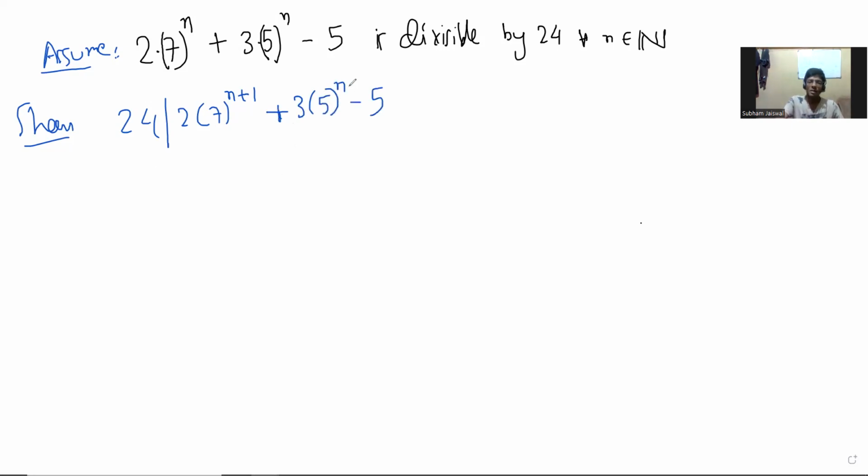Anyways, n+1. Now we just need to know how to jump from n to n+1, right? Somehow, like last time we did something, but here what should we do? That's all we need. Think about this.